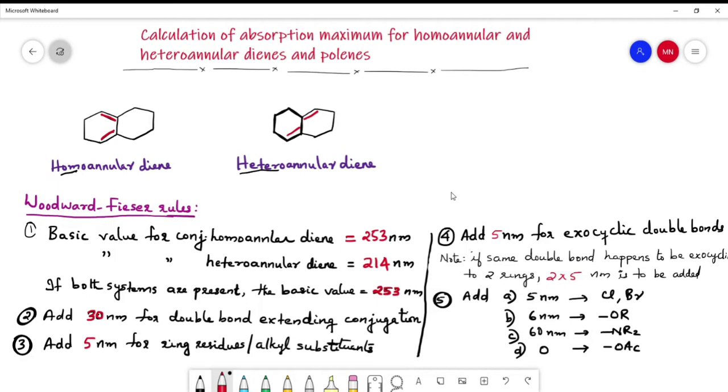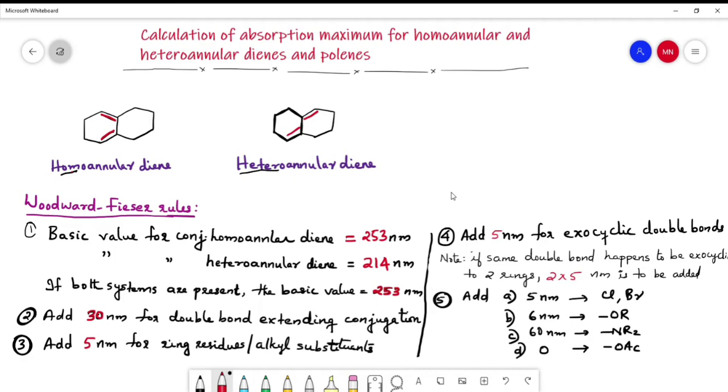In a heteroannular diene, you can see the double bonds are on different rings, yet they are still in conjugation. Even though they are in two different rings, they are in conjugation, and such systems are said to be heteroannular dienes. Now, these look identical, but this one is homoannular and this one is heteroannular, and they show different lambda max values as a basic value.